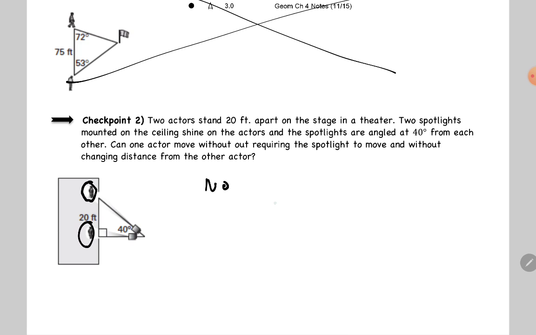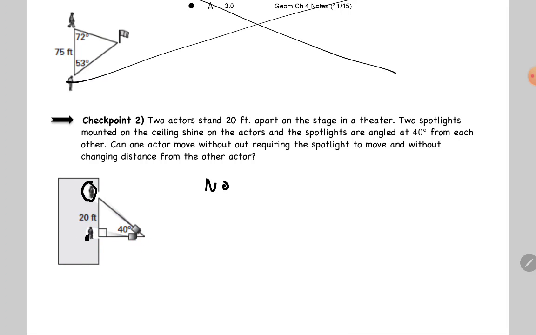Basically, what's going on is, let's say the actor moves backwards. Well, his spotlight definitely has to move that way. It's kind of obvious when you look at it.